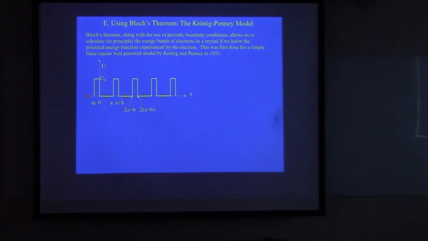You have to know the periodicity because your u goes like u(x plus A plus B) equals u(x), right? That's the periodicity. Then your Bloch wave function should have this form. There's the second form, psi(x plus T) equals psi(x) times e^(ikT), right? So let's see how to solve this one.